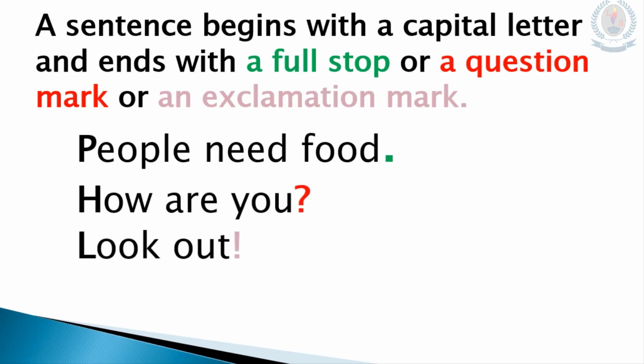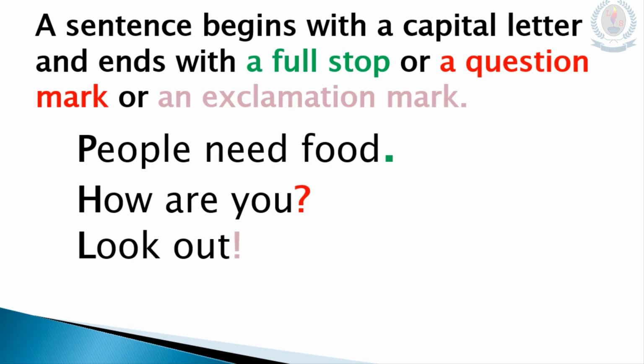Look at these 3 sentences. People need food. How are you? Look out. Now the first sentence is a declarative sentence. You can see that it begins with a capital P as the first letter and it ends with a full stop because it's a declarative sentence.